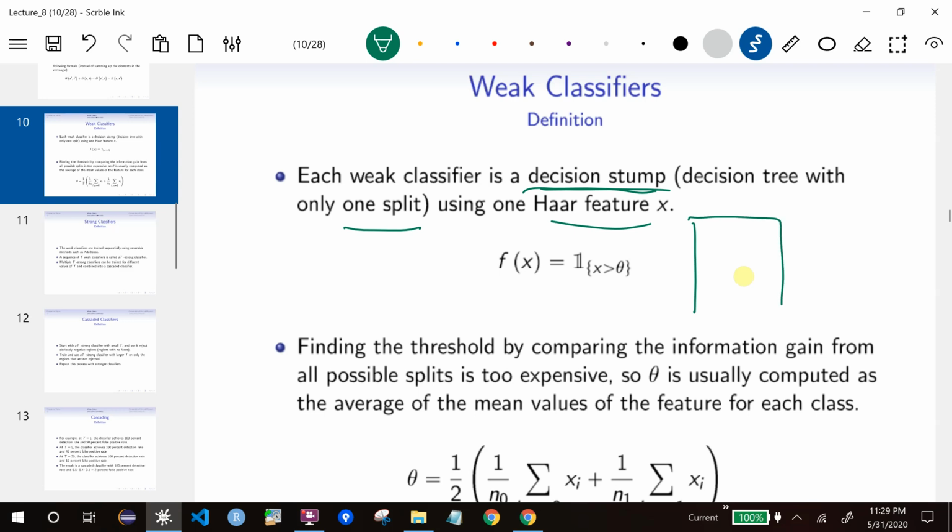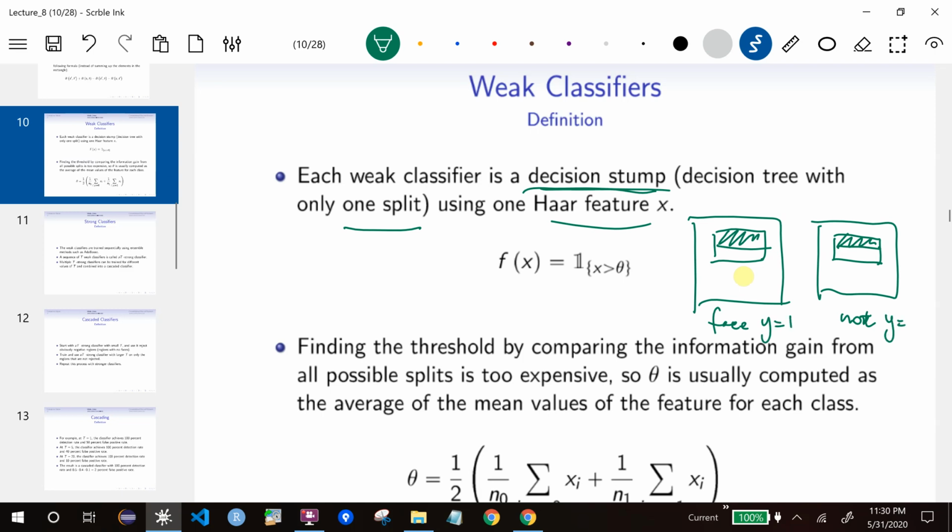What we can do, for example, is we have lots and lots of face images, and for one particular Haar feature, for example, just that one, these are faces, and these are not faces. So these are y equals 1 label images, and these are y equals 0 images.